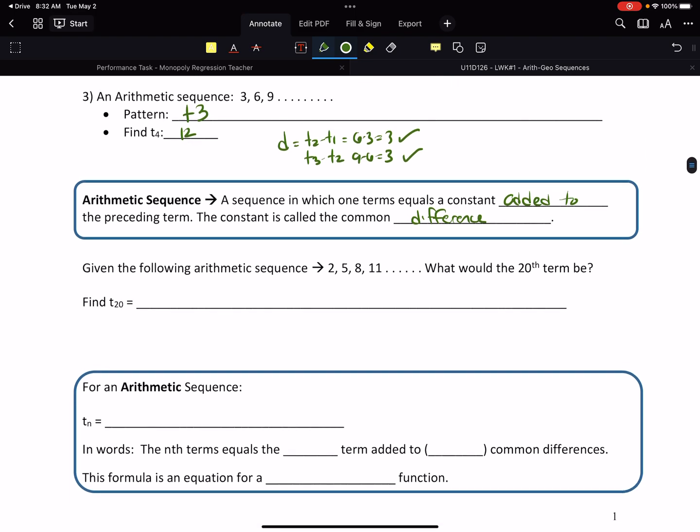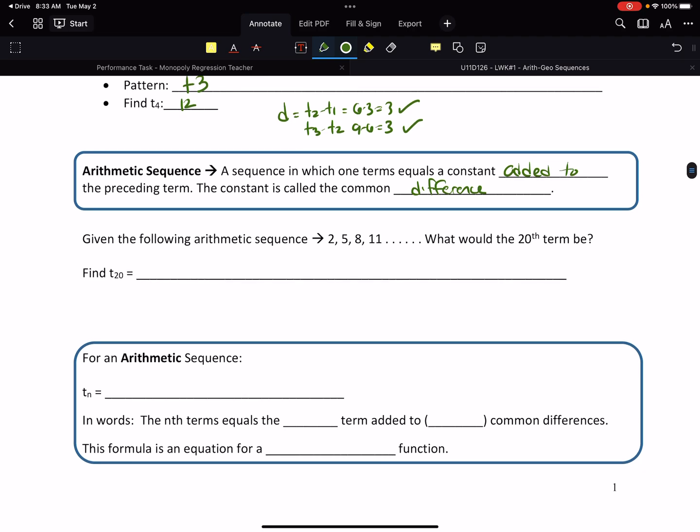So I'm just going to give out the formulas right now. Our 20th term, how do we find that? Our formula for arithmetic to find missing terms is this: Tn equals T1 plus n minus 1 times d. So if I look at this problem, my common difference is 3. I'm looking for my 20th term.